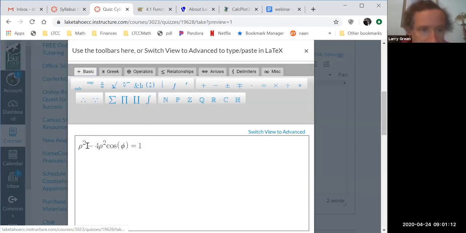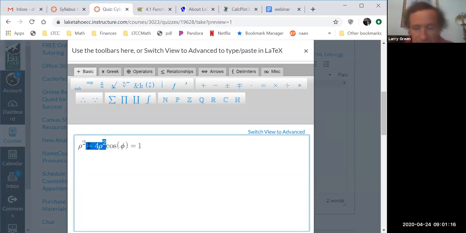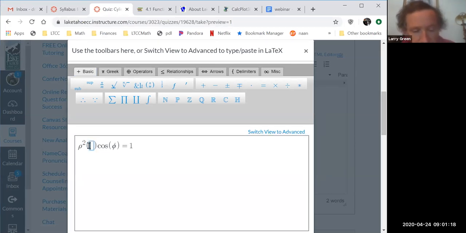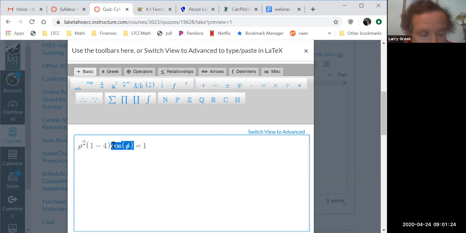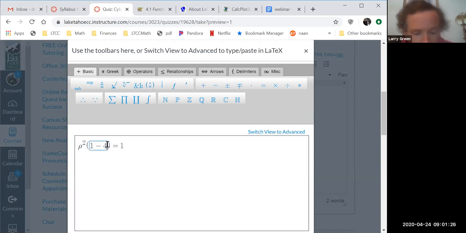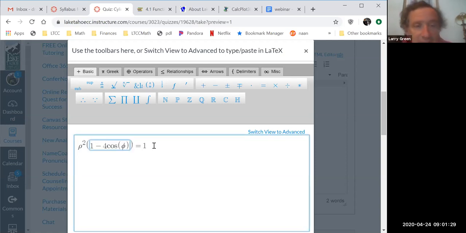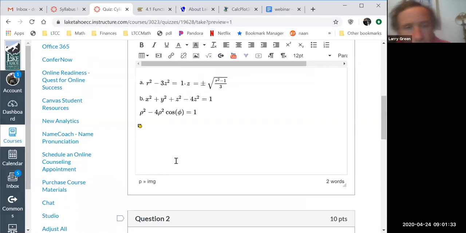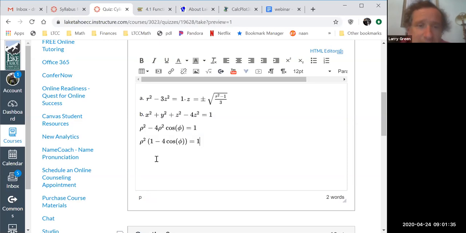So I can factor out a rho squared, and we get rho squared times 1 minus 4 cosine squared of phi equals 1. And then finally, we want to solve for rho, so we just divide by 1 minus 4 cosine squared phi.